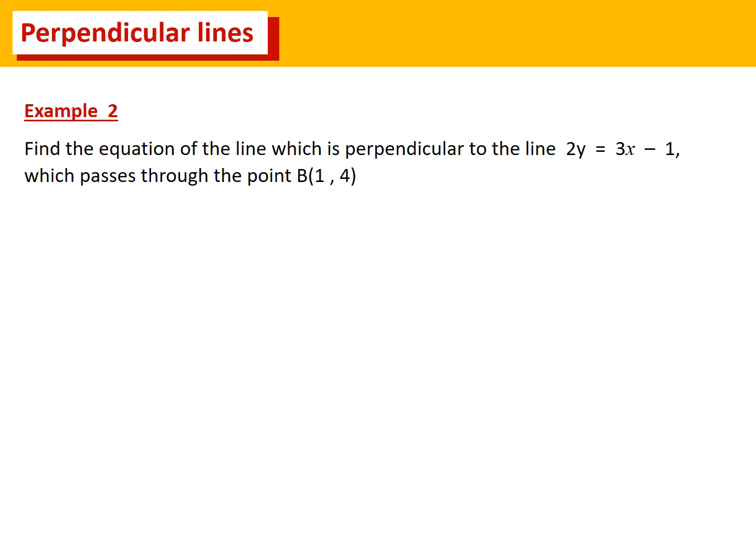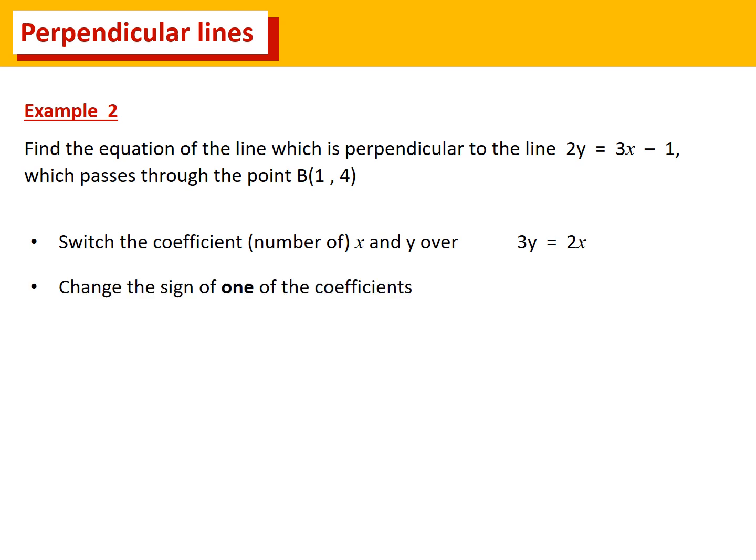Here's a second example. Switch the x and y over, so 2y equals 3x becomes 3y equals 2x. Make one of them negative, so I've changed the 2x to minus 2x, and now we need to substitute these values of 1 and 4 into our equation. So y is 4, that's why it's green to go with the 3y here. X is 1 to go with the minus 2x there.